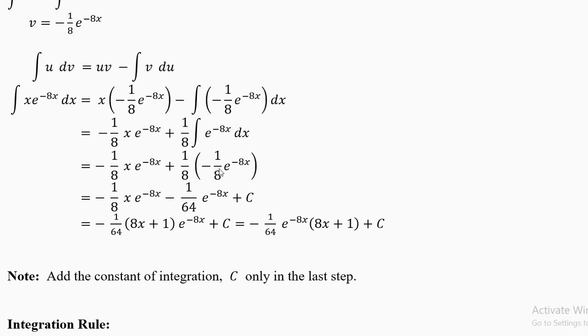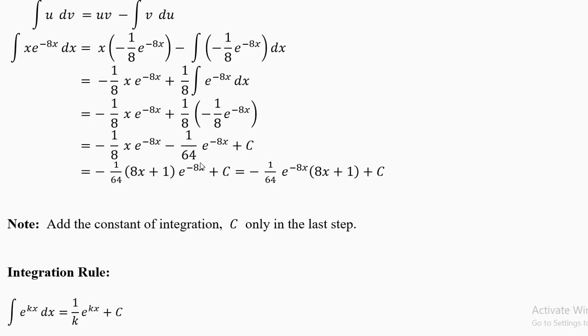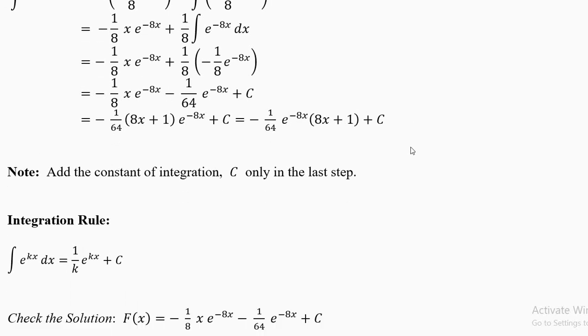Same function, by chance you will get minus 1 over 8 e power minus 8x. 1 over 8 into minus 1 over 8 is minus 1 over 64. Now you multiply this by 8, take 1 over 64 with the minus outside, you will get 8x plus 1 into e power minus 8x plus c. Now this bracket, some people like to write it on the right, I prefer it on the left, so either way is fine.